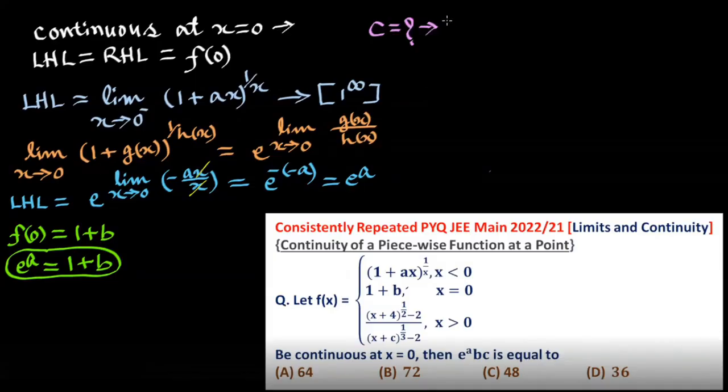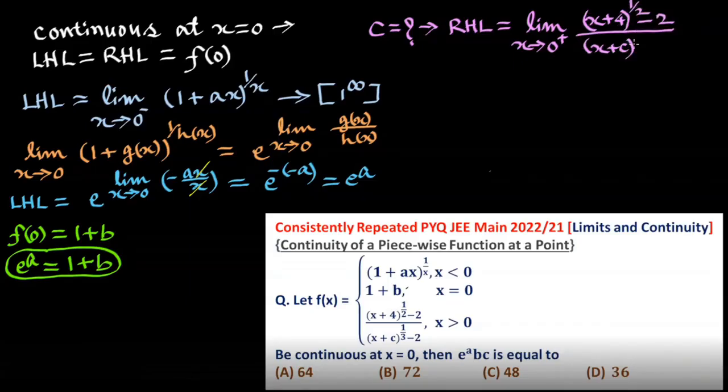For that we will use the right hand limit as x tends to 0 positive of ((x + 4)^(1/2) - 2)/((x + c)^(1/3) - 2). This part is when x is positive. Now here as x tends to 0, the numerator tends to 0, and for the limit to exist and to be a finite real value, the denominator must also approach 0 so that it becomes a 0/0 indeterminate form.